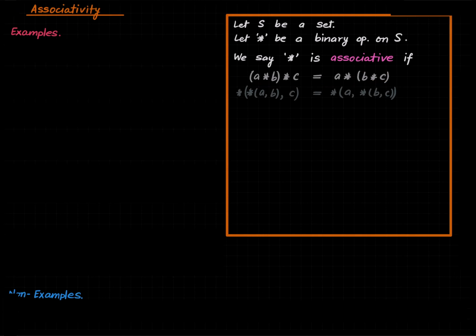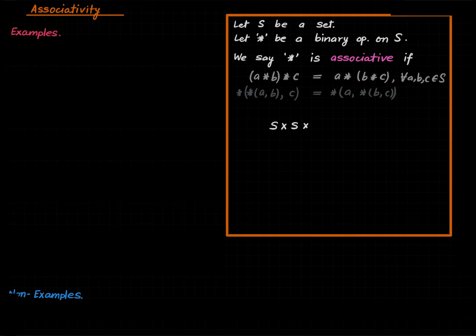Okay, so we say star is associative if this happens for all A, B, and C. So I should also write that. Okay, a very desirable property, as we will see. In fact, you must already appreciate it. But before we look at examples, let me express this exact same thing by means of a commutative diagram.